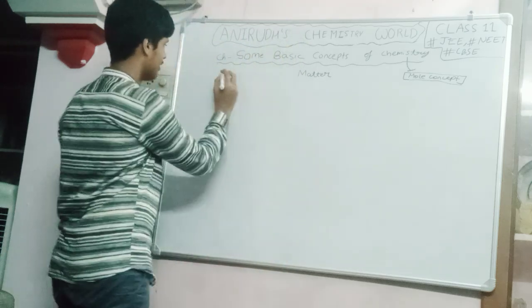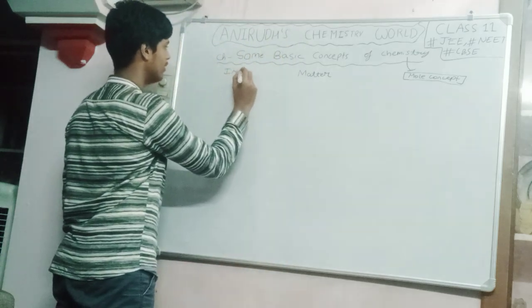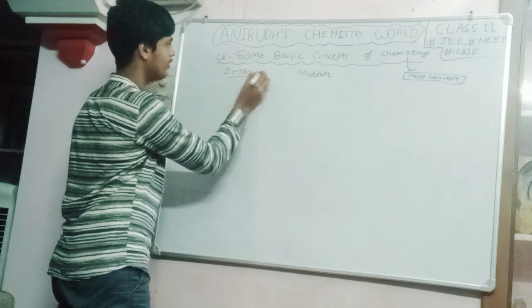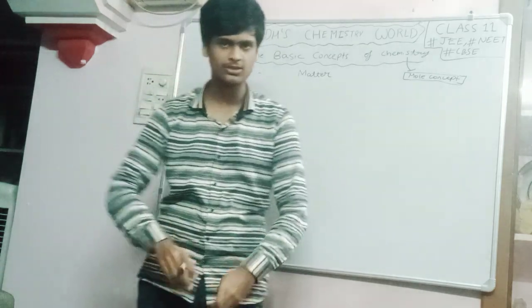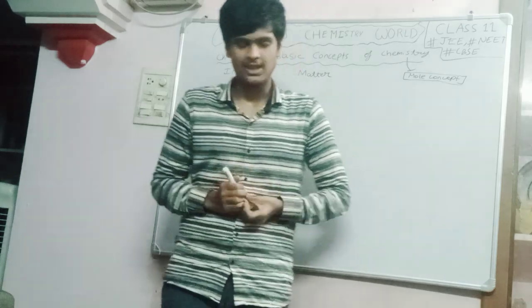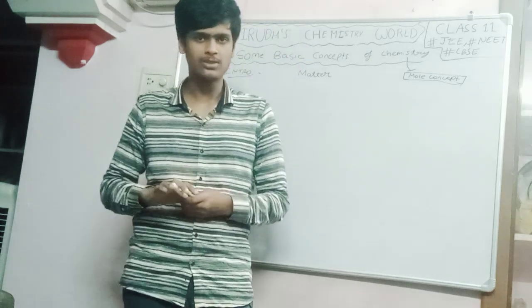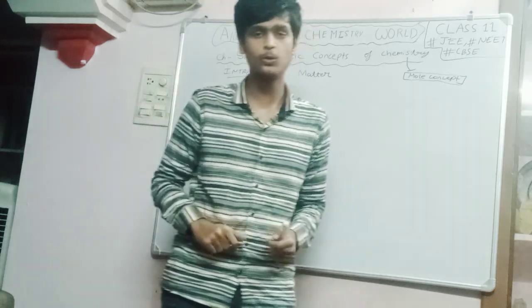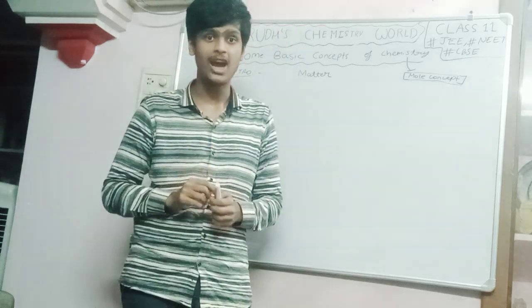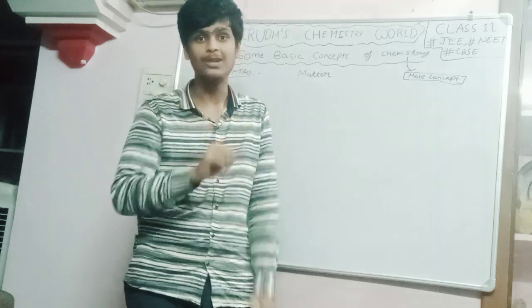Okay, basically now I am going to give the introduction of this chapter. See, from the past times, scientists use the scientific methods to discover something, right? And suppose there is one atom.